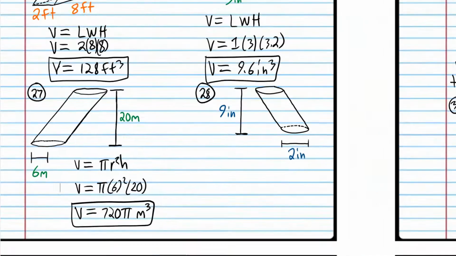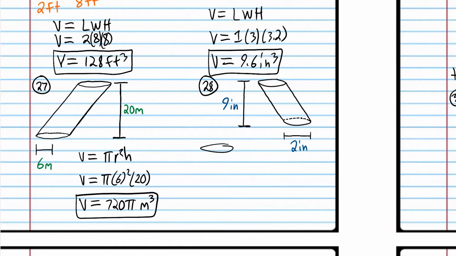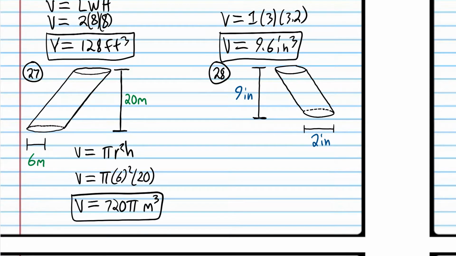All right, we're back. So the corresponding cylinder would be a right cylinder with height 9 and radius 2. So you just find the volume of this cylinder, and by Cavalieri's principle, it must be the same volume as that weird shape up there. So volume is equal to pi r squared h.